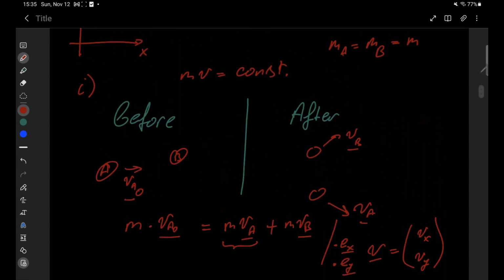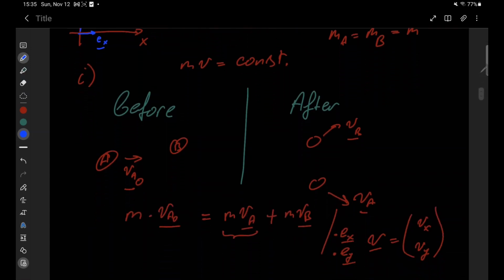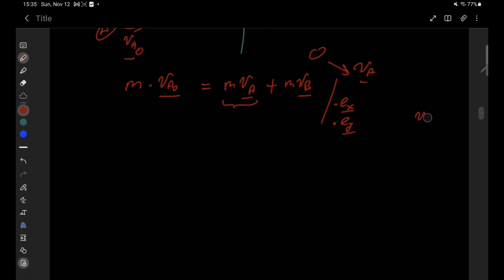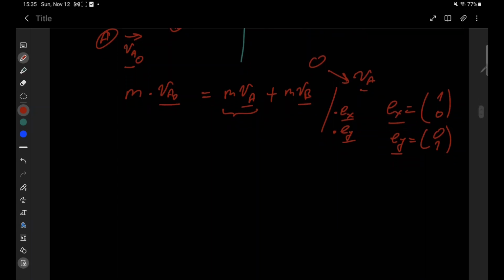What are Ex and Ey? They are basis vectors for our coordinate system. So this would be Ex, this would be Ey. Ex will be the vector (1, 0), and Ey will be the vector (0, 1). Together, the two of them can make the entire space. They're also the basis of the space.